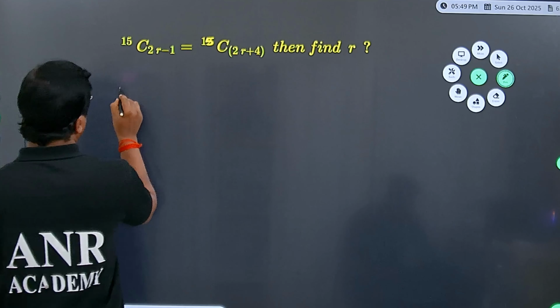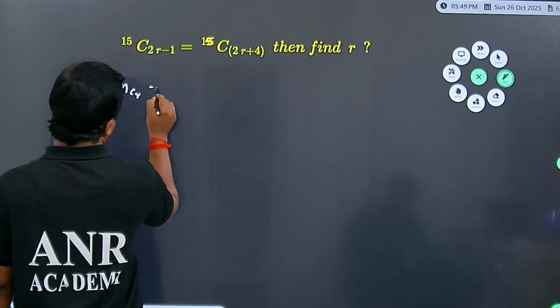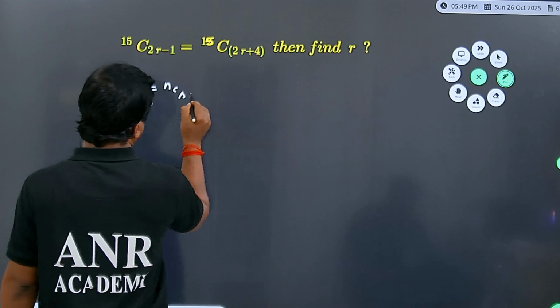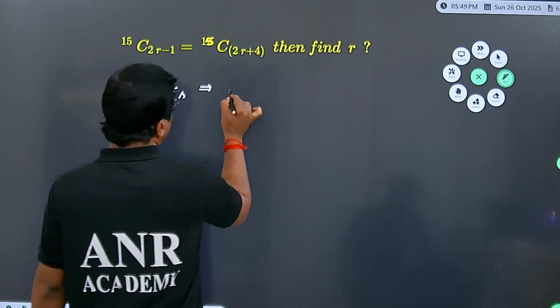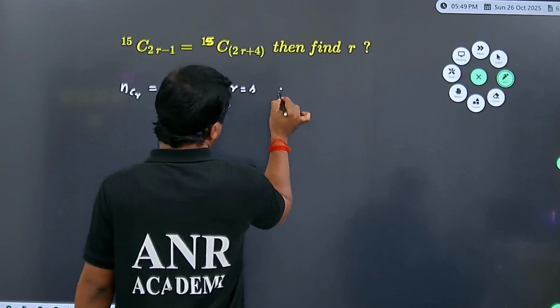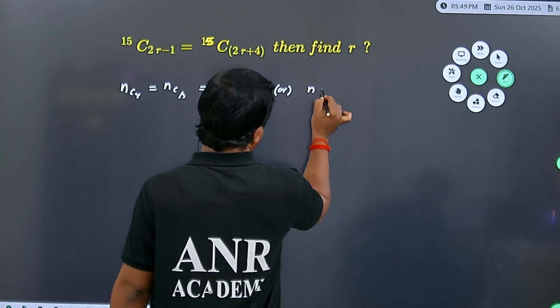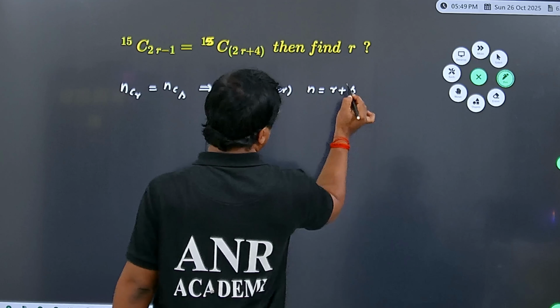We know that nCr equal to nCs implies r equal to s, or you can write n equal to r plus s.